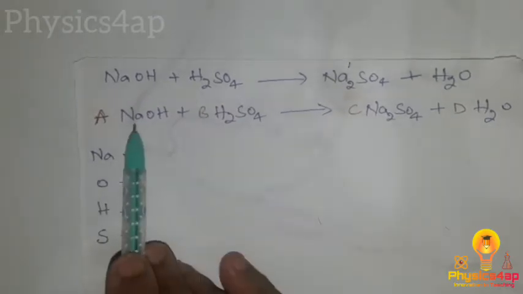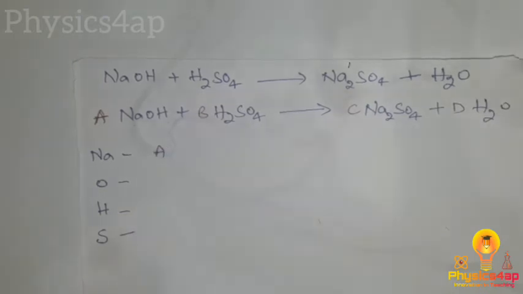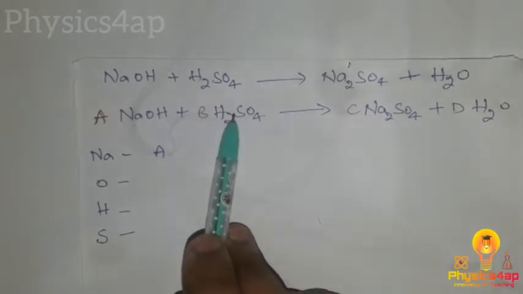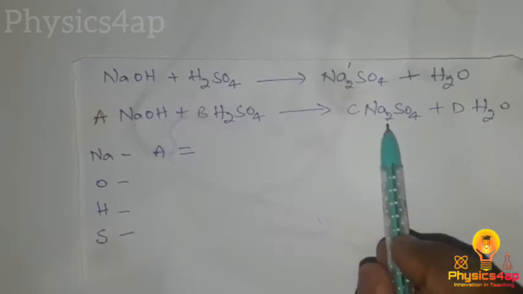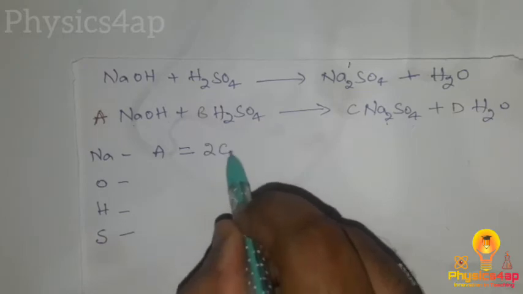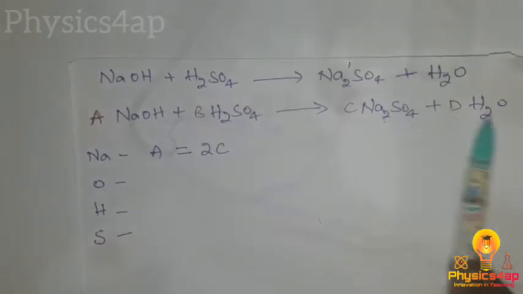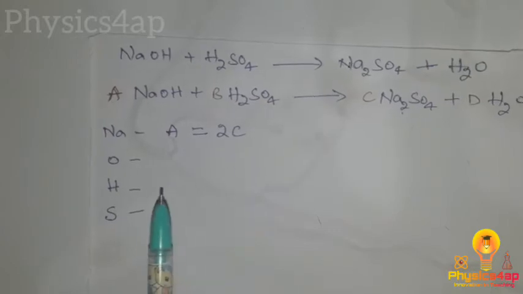So we have 1 sodium, so 1 into A, 1A. Coming to the right hand side, here we have 2 sodiums, so 2 into C, 2C. So we got the first equation, that is A equals 2C.